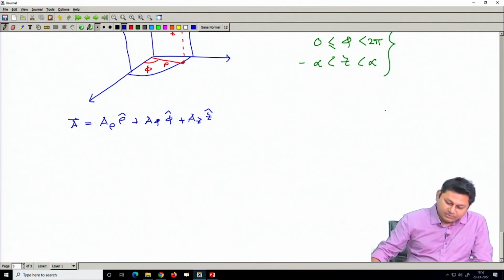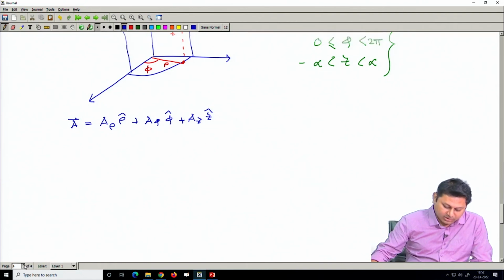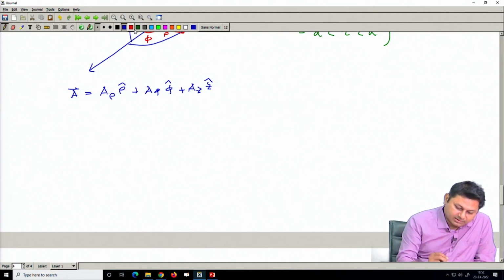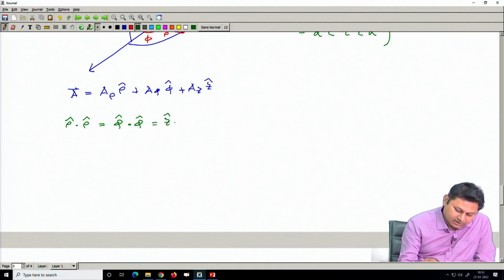Now what is the relationship between the unit vectors that we are having here? So let us quickly write the properties. Rho dot rho is equal to phi unit vector dot phi unit vector is equal to z unit vector dot z unit vector is equal to 1. Similarly, rho dot phi is equal to phi dot z, that is equal to z dot rho, is 0.